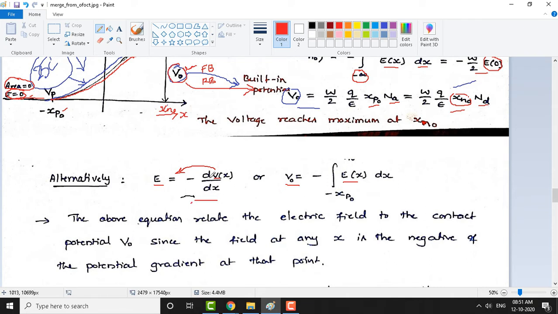E here represents the electric field, which is the derivative of the voltage or built-in potential, dV of x by dx.